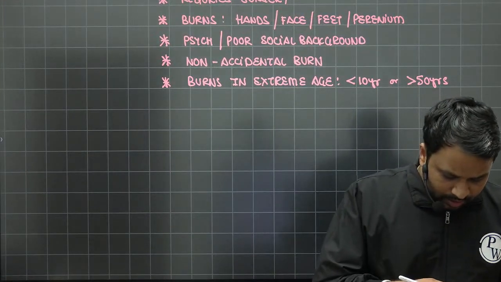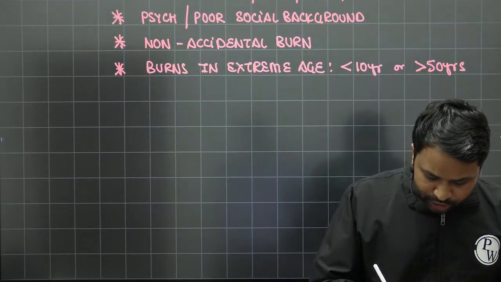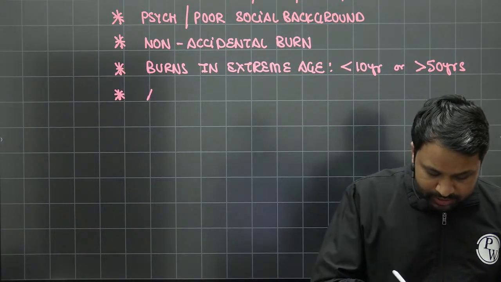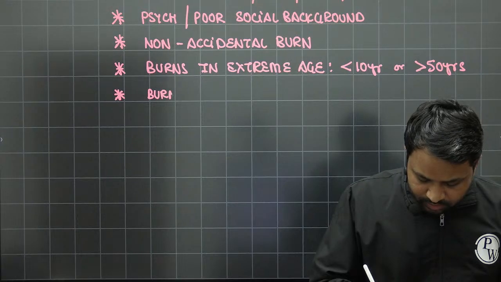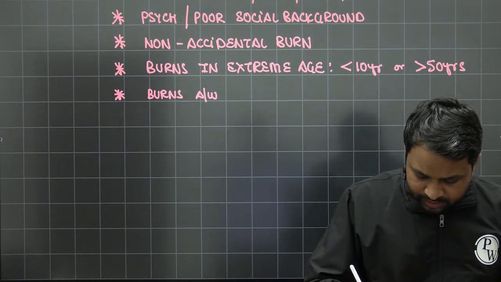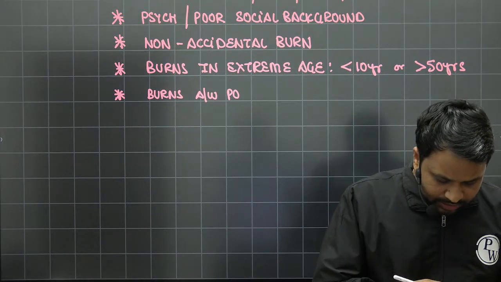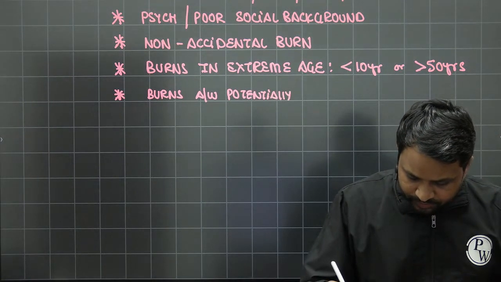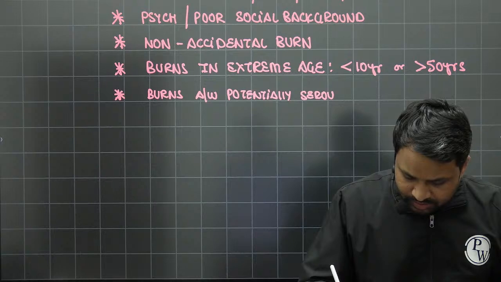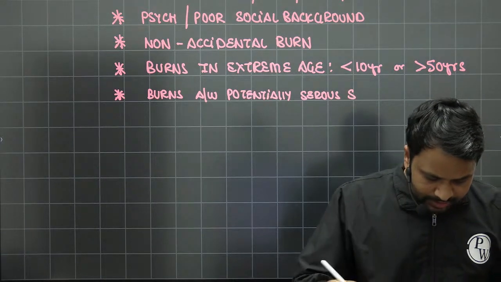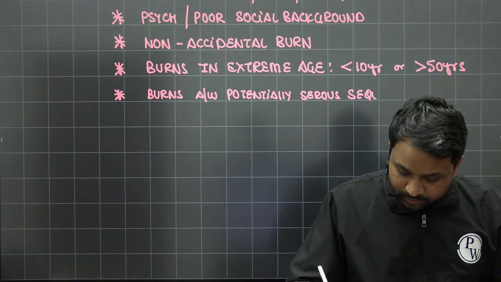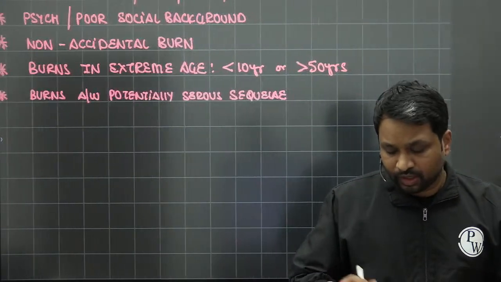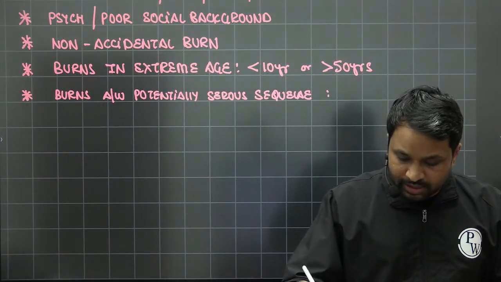Okay. Now, if there is any potential sequelae, if it is associated with potentially serious sequelae, we're talking about examples like electrical burns.